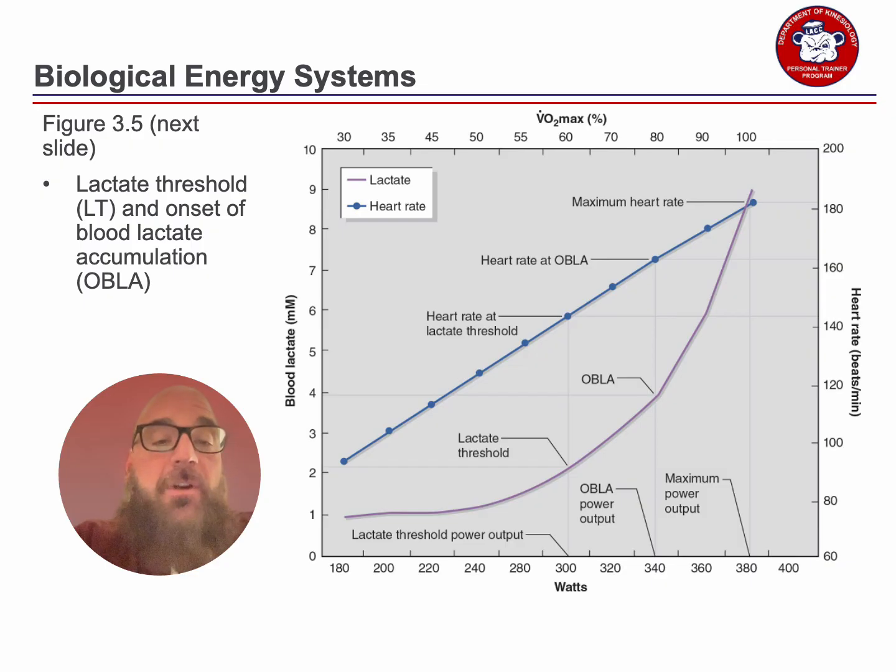It's going to become very, very uncomfortable. The lactate threshold is a little bit lower, just above 2, where you start to see lactate ramp up. If you are not careful at this point, it's just going to continue to go vertically, and then eventually you're just going to have to stop working out.